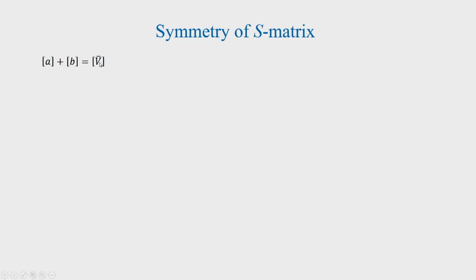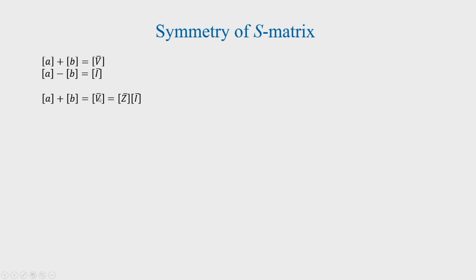So, we can relate the normalized voltage matrix to matrices A and B as shown. Similarly, the normalized current matrix can be related to matrices A and B as A minus B equal to I bar.